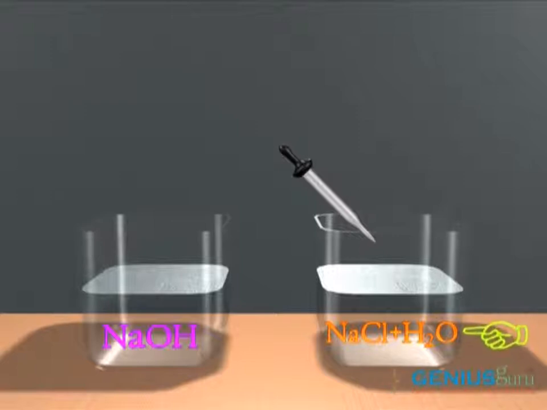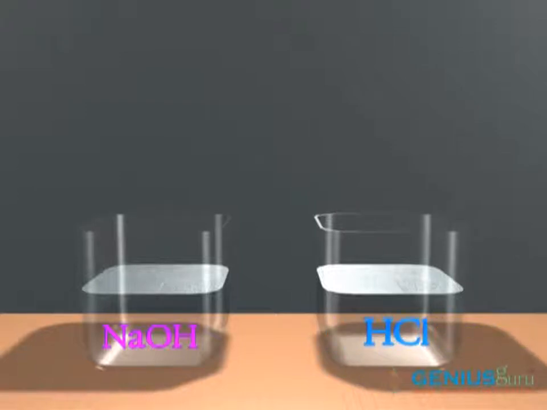So this is an instantaneous change. Before this addition, we have HCl and NaOH. When these two react with each other, they form new chemical substances, sodium chloride and water.